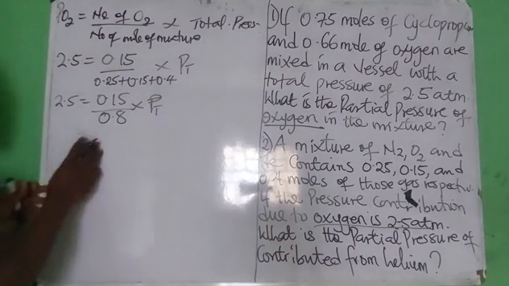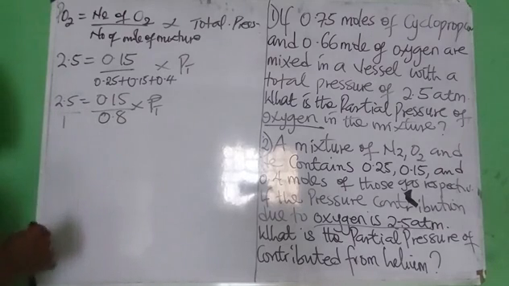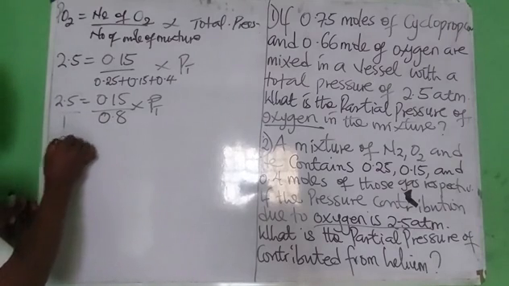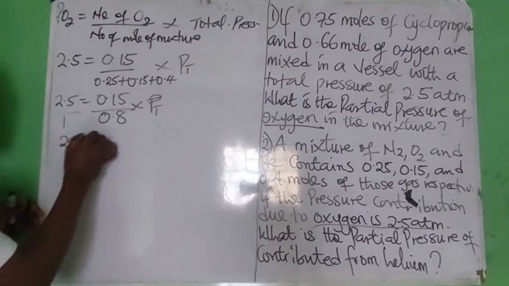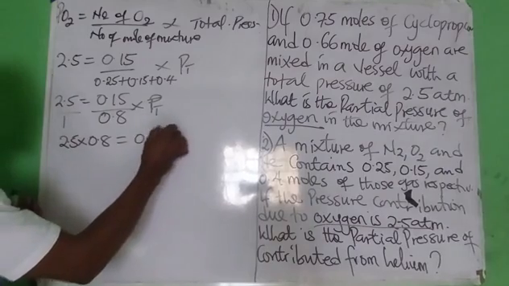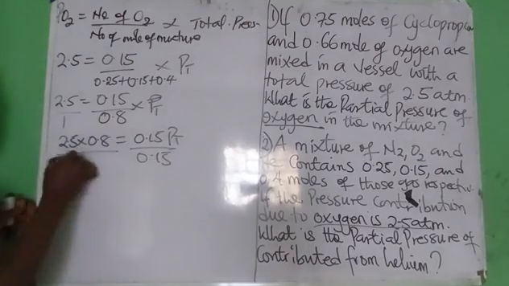From what I have here, you have to cross multiply. In doing that, you have 2.5 times 0.8 equals 0.15 P total. Divide both sides by 0.15.